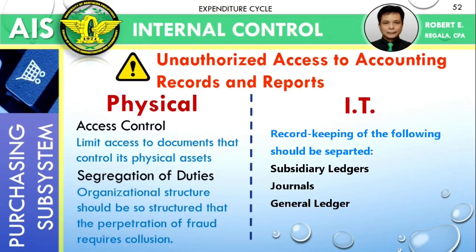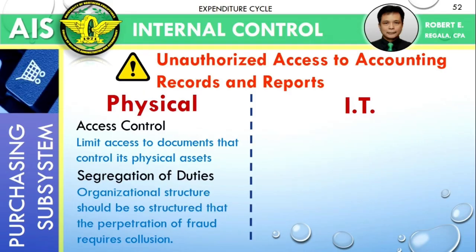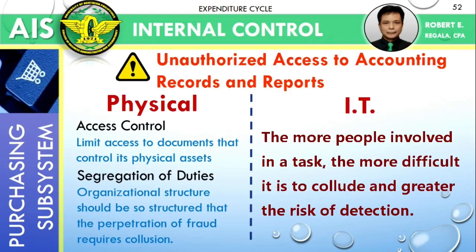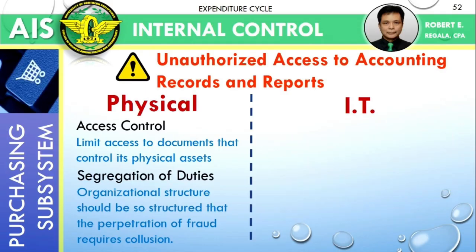An individual with total record-keeping responsibility would need to collude with someone in an asset custody position to perpetrate a fraud. Although not entirely eliminated, the risk of collusion is reduced by segregating these tasks. The more people involved in a task, the more difficult it is to collude, and the greater the risk factor. This will have a deterrent effect on those contemplating fraud.